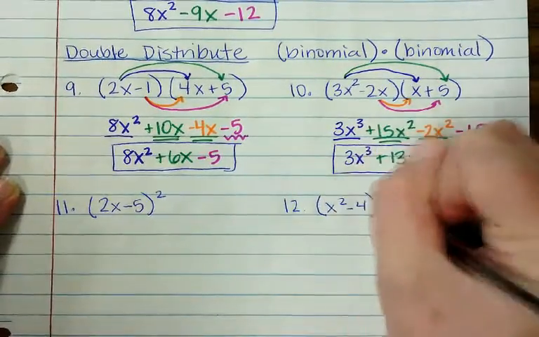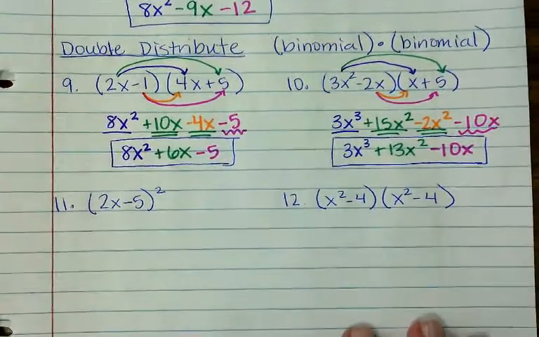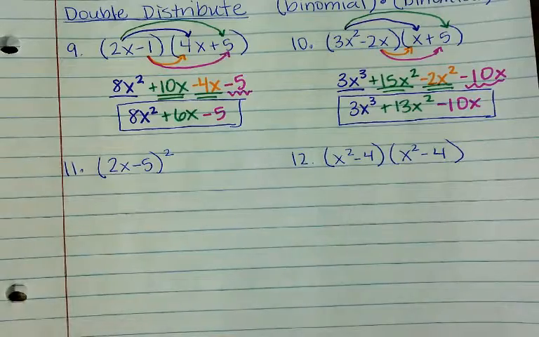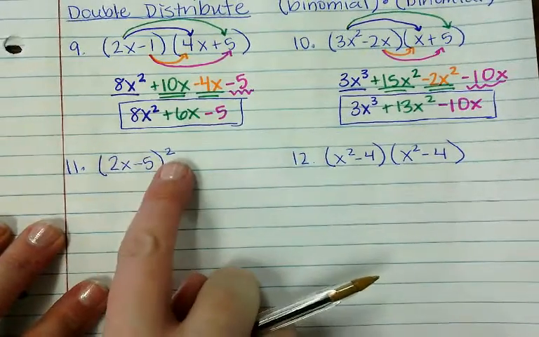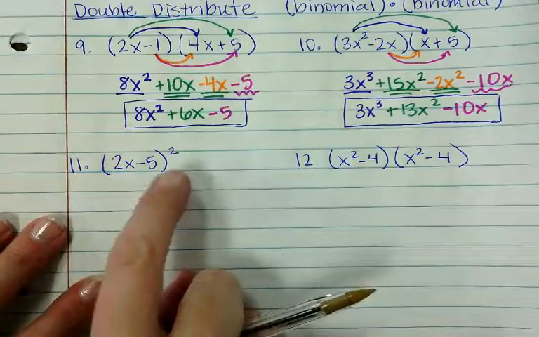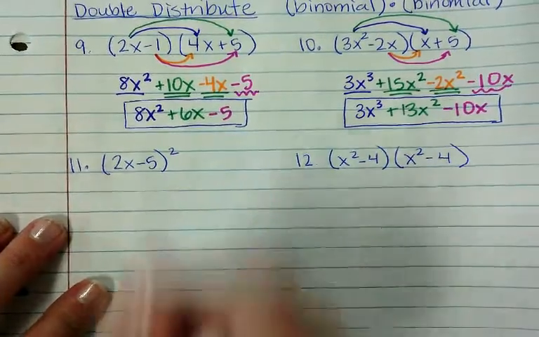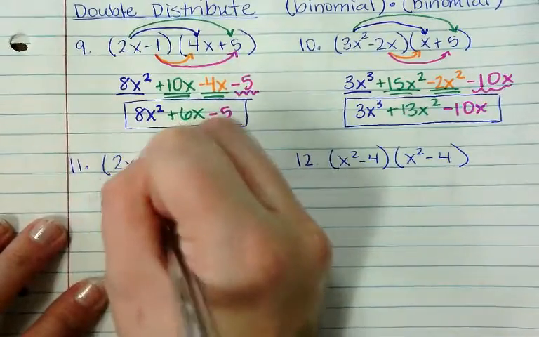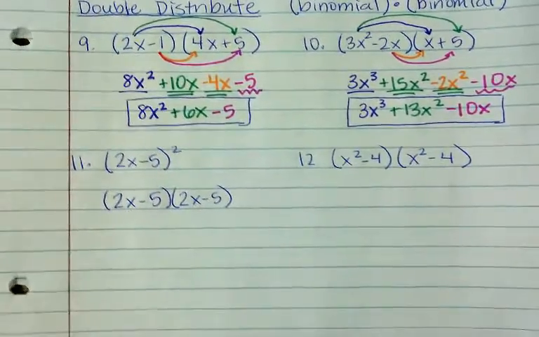These are kind of special, so we're going to talk about it. First of all, with this 2x minus 5 squared, we can't just do the square on each of those. I want you to rewrite this as 2x minus 5 times 2x minus 5.